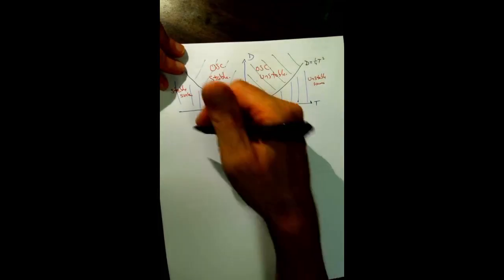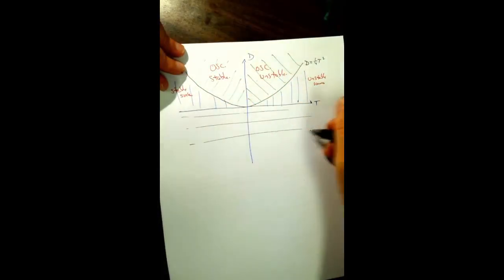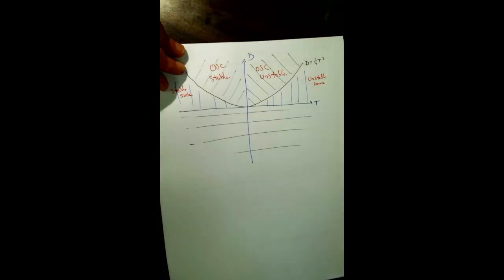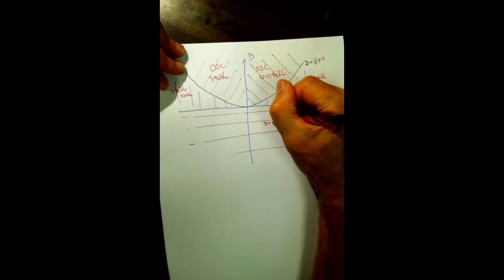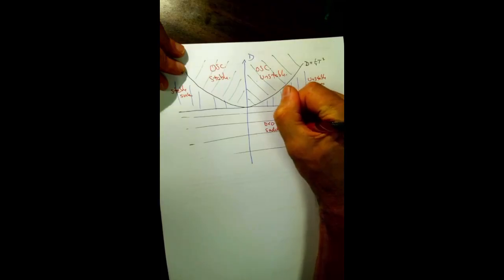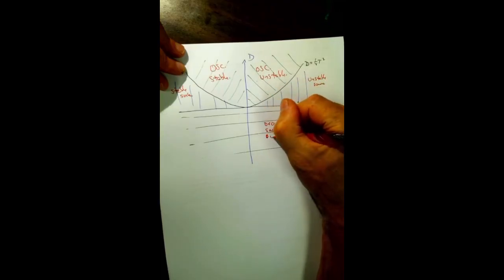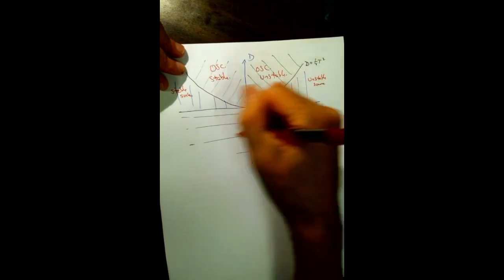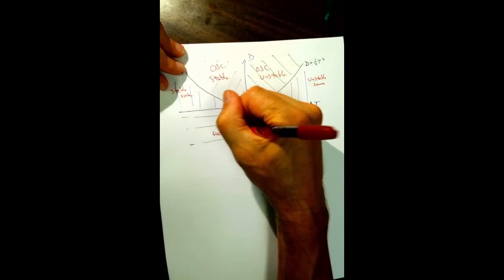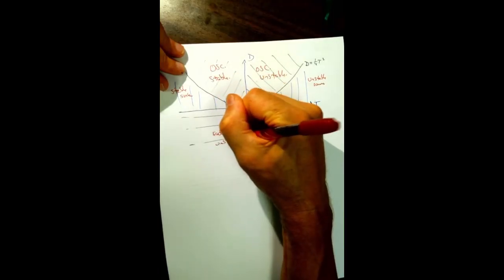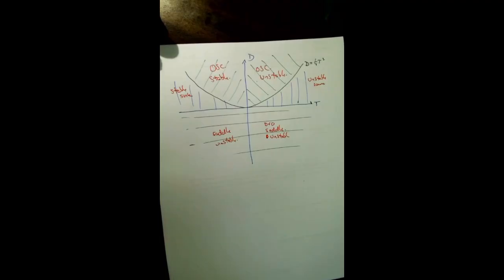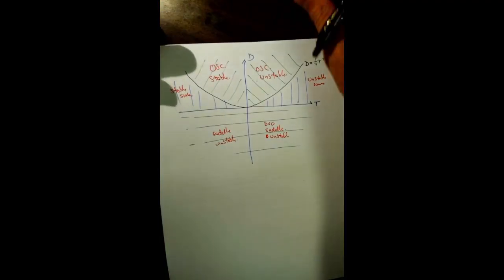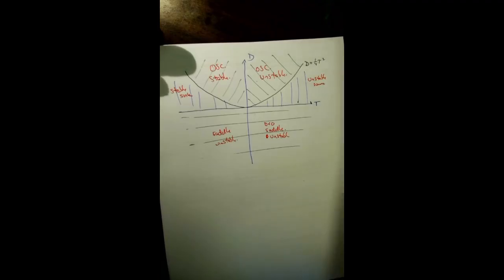So this is going to be this region below here, and in here we have d less than 0, which means I have a saddle, so it's unstable. And that's going to be true over here as well. It's going to be a saddle and unstable.